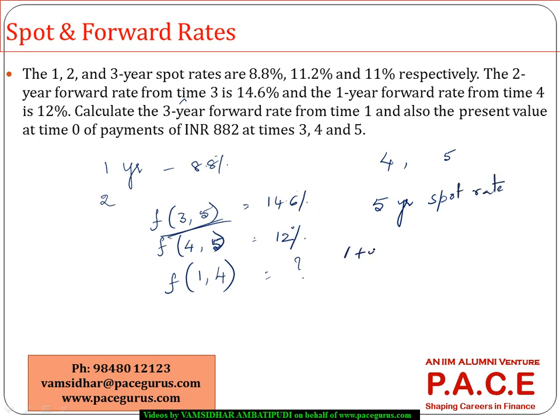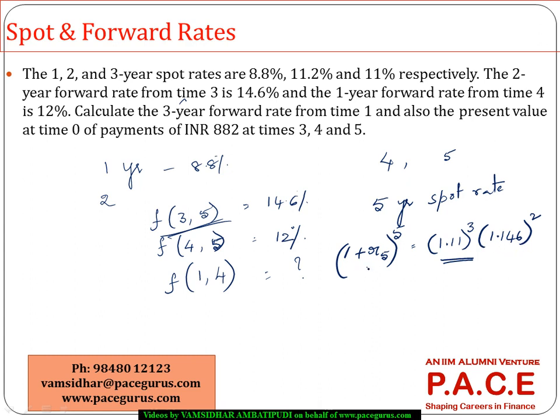How do I get the 5-year spot rate? So 1 plus R5 to the power 5, whatever is the 5-year spot rate. I'll take the 3-year spot rate, 1.11 cubed, and between 3 to 5, for 2 years, I have 14.6%. So this will give me the 5-year spot rate. The spot rate for 3 years, and between 3 and 5 years per year there is 14.6%, which is the forward rate.